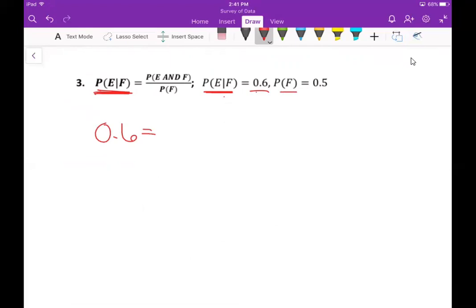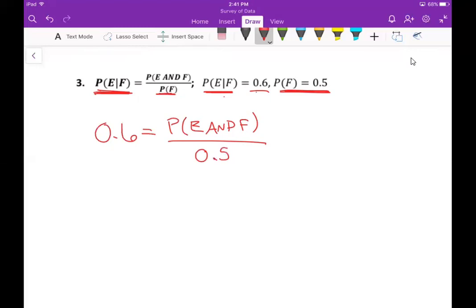The other known that I have shows up in the denominator here. So what I don't know is p of e and f. That's what I'm going to be solving for. That's one unknown. Okay, on the bottom, p of f was given to me over here at 0.5.